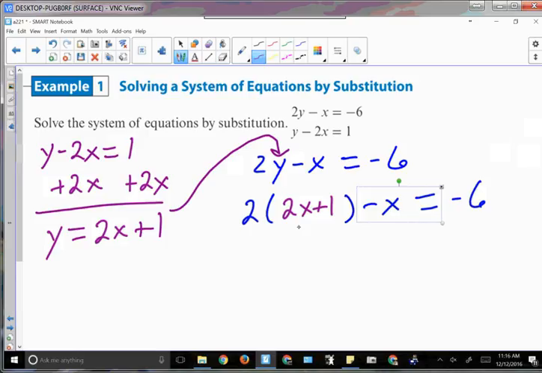So, questions up to this point in time. So, now that I am here, I'm going to solve. Now we got the distributive property. So that goes there, so we end up with 4x. This goes to there, so I get plus 2. Then I still have the minus x is equal to negative 6. It's still back there.